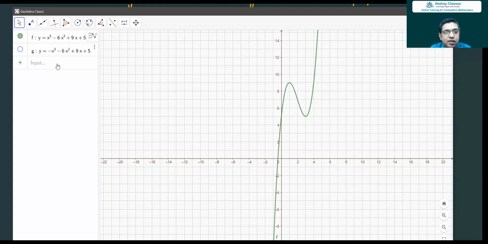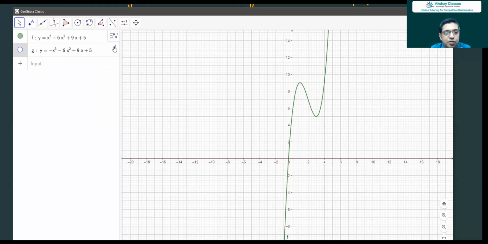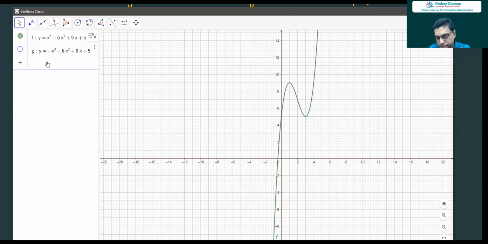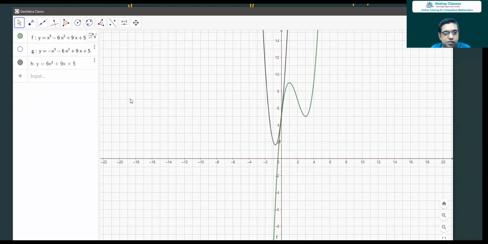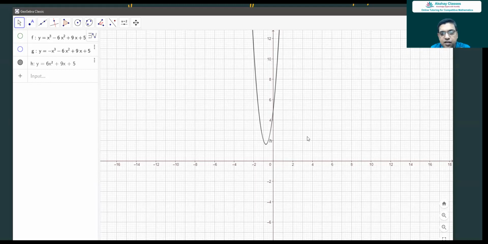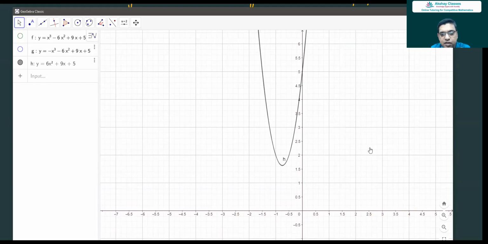So if you have some idea of these graphs, it will be very, very useful. Now I'll show you quadratic graphs. With a positive coefficient of x squared, this is the graph: a parabola opening upwards, with a single stationary point.